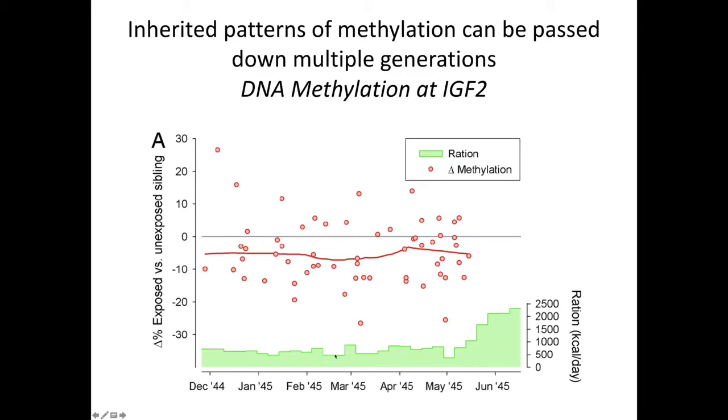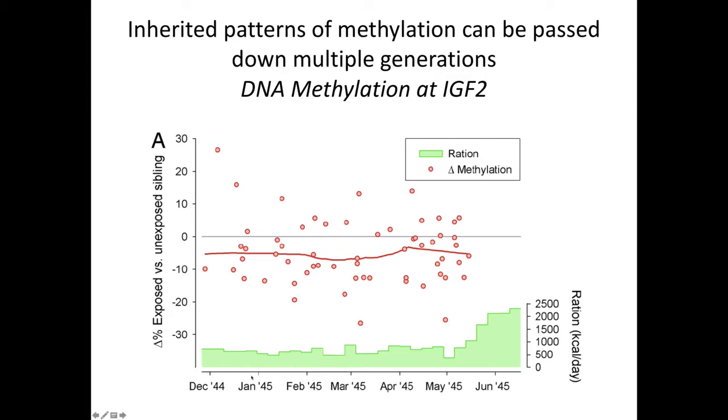So that's clearly a very low amount of calories. And then as the winter went away and the canals thawed out, there was access provided to the Netherlands, and the caloric intake was brought back up to about 2,000 calories per day.